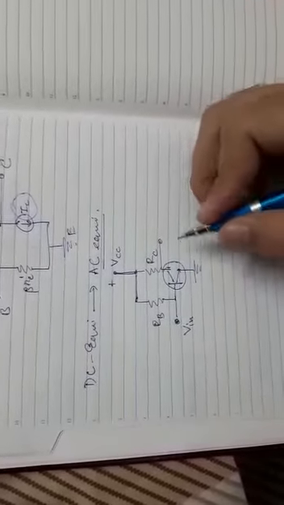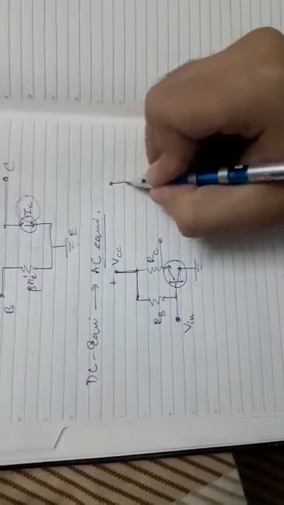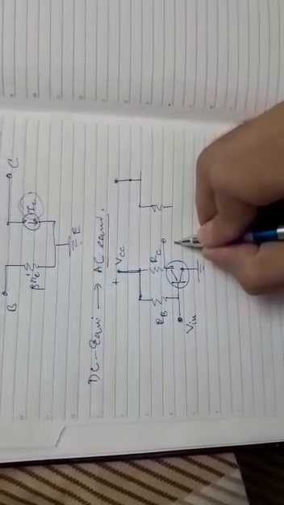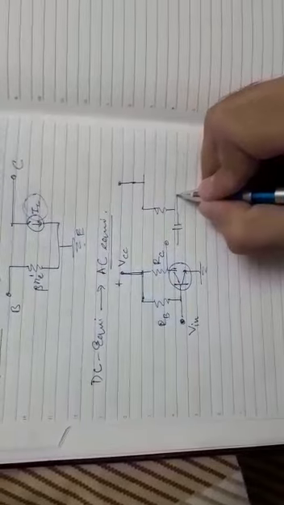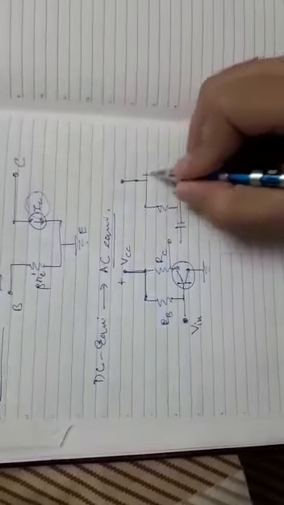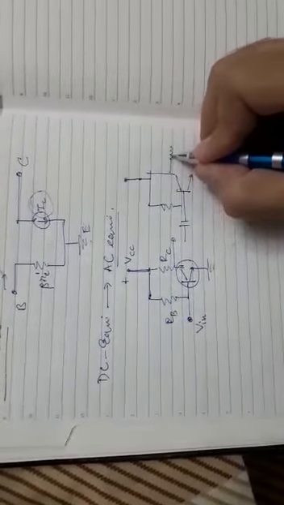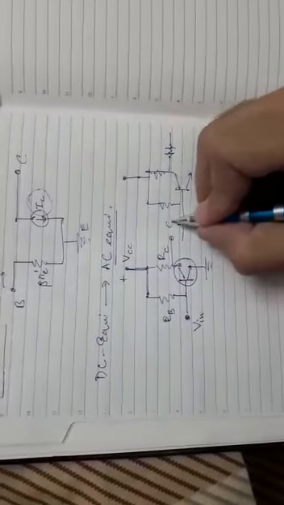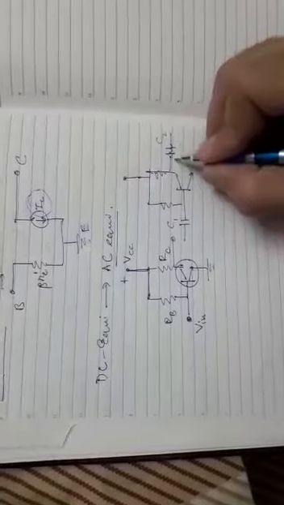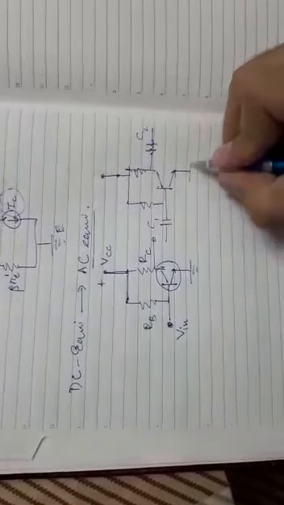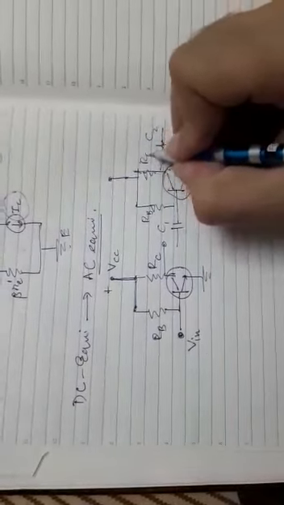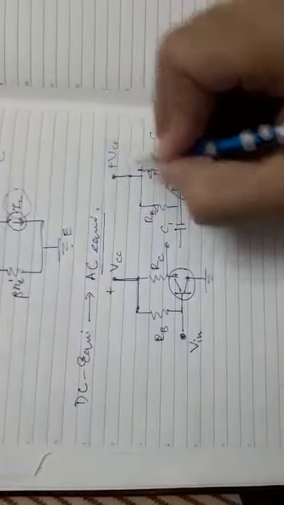But sometimes they will give you the circuit this way also, with coupling capacitors for the input supply. Here we call them C1, C2 in this circuit, with RB resistance, RC resistance, and VCC supply.